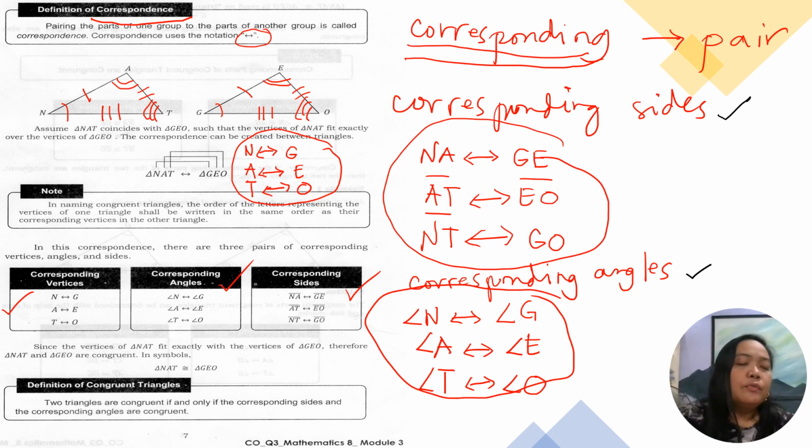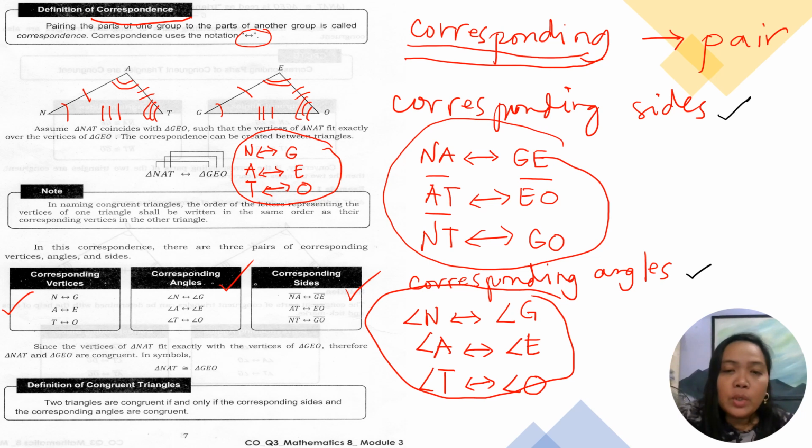Since the vertices of triangle NAT fit exactly or coincide with the vertices of triangle GEO, we can now conclude that triangle NAT is congruent to triangle GEO.